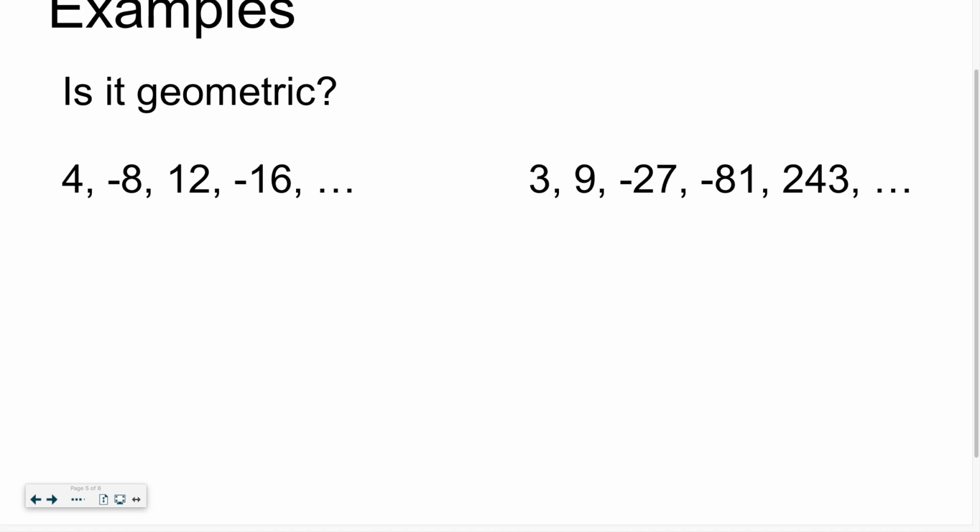So is there a different r? Is it geometric? No. What would you have to multiply 4 by to get negative 8? Negative 2. Negative 8 times negative 2 is 12? No. So there is no common r value. So the answer to this one for geometric will be a no.